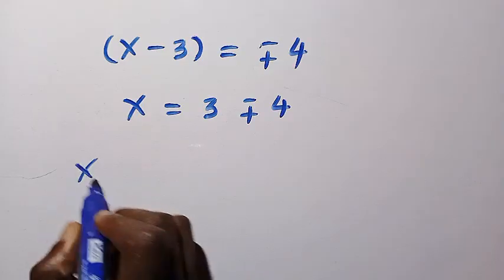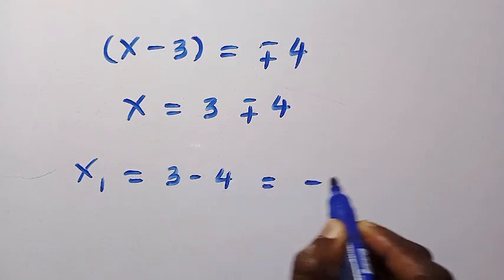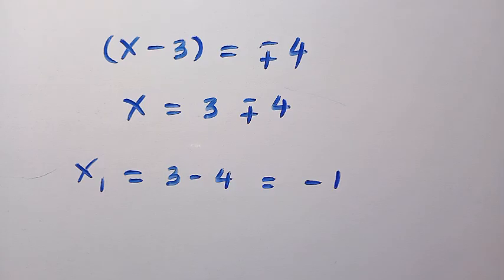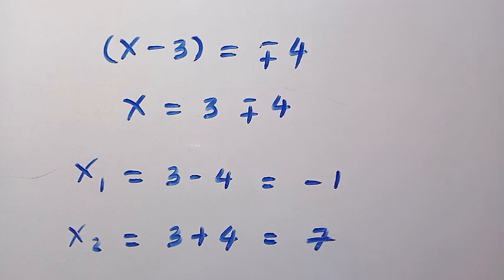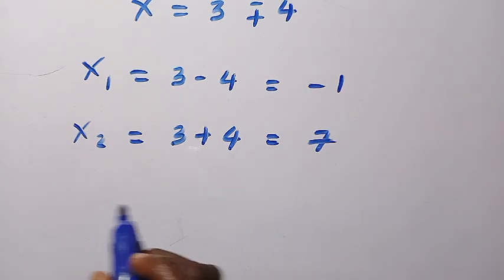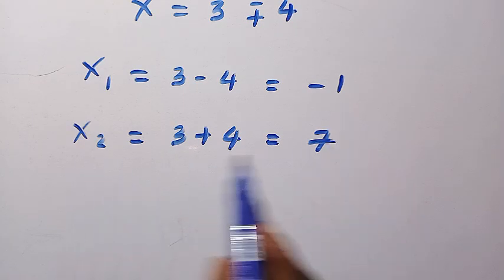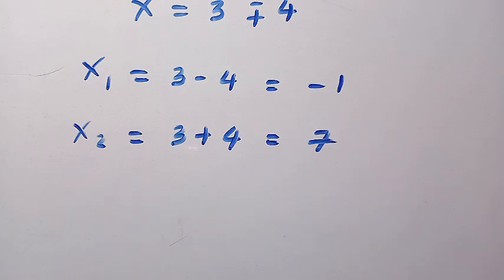Considering the negative first, we have x1 equals 3 minus 4, which equals minus 1. And we consider x2, that is 3 plus 4, which is 7. So the two real solutions for this are x1 is minus 1 and x2 is 7.